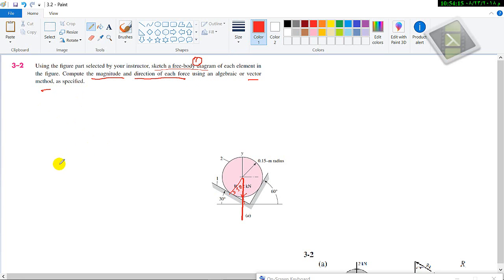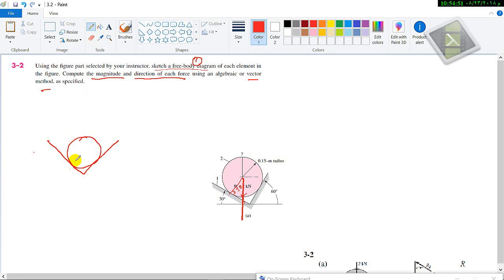Now let's do the free body diagram. For a free body diagram, we just re-sketch this figure, but without full details. I will show it to you nicely now. Here it is tangent, it should be tangent like this.